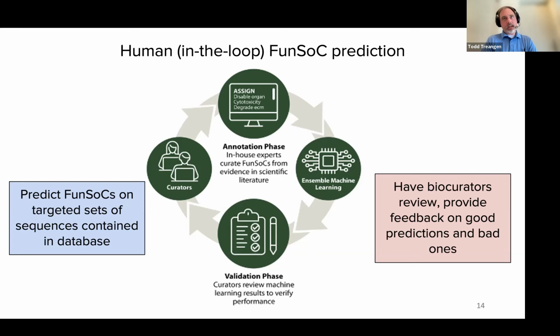We went through this iteratively, a lot of work, but when you start with no training data, you have to do this iteratively. We refined everything, and we eventually saw that this iterative human in the loop process made the machine learning approach more accurate, to the point where the biocurators were happier with the predictions it was making.